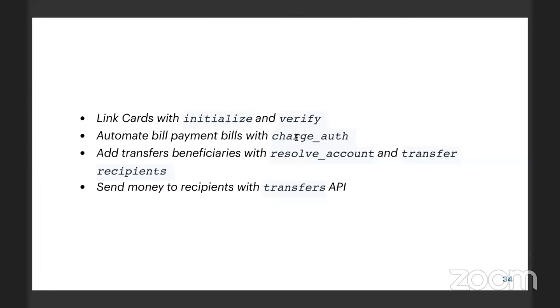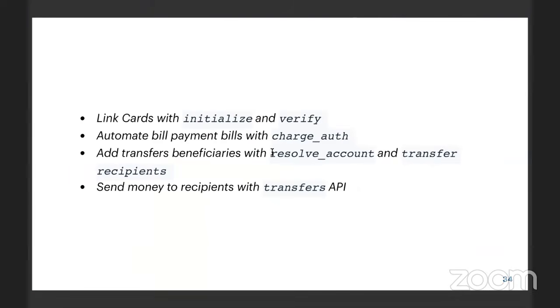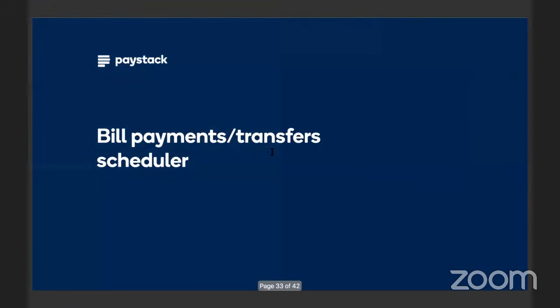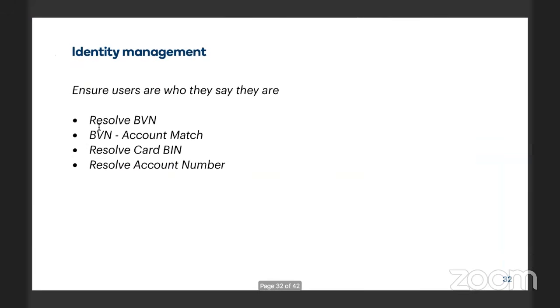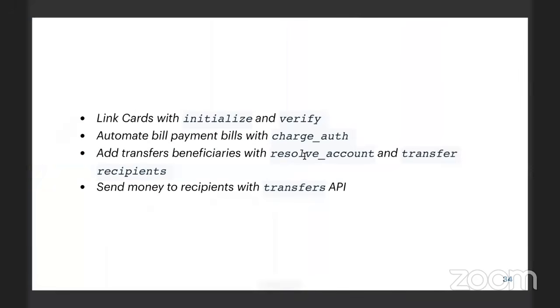So if the user wants to send money to certain recipients, I told you we had verification tools that allowed you to resolve an account number. So the user enters the recipient's account number and selects a bank, and it will return the account name to you.